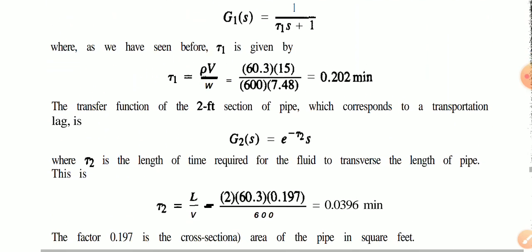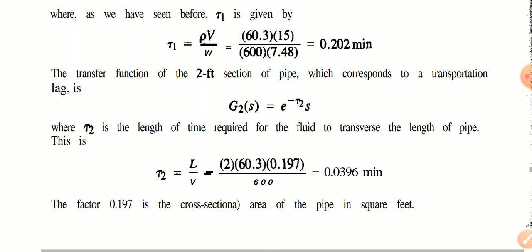The transfer function of the 2 feet section of pipe, which corresponds to the transportation lag, is G2(s) is equal to e raised to minus tau 2 s, where tau 2 is the length of time required for the fluid to traverse the length of pipe.